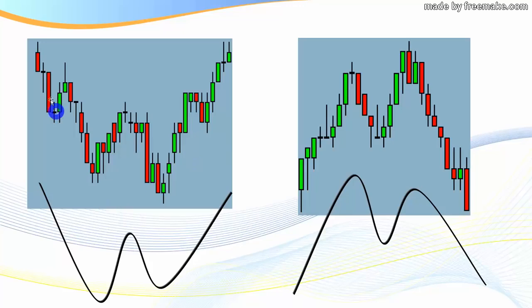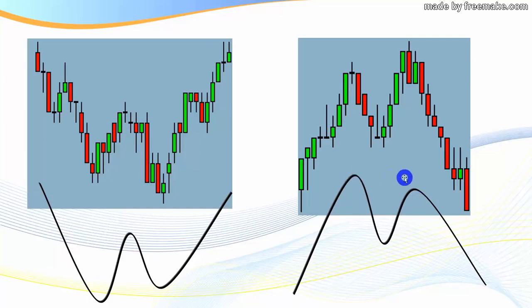Now this is typical, and this is the same pattern we were just looking at, except using an oscillator. So we've got a lower low on price with a higher low on our oscillator. Likewise here we've got a higher high on price, so this is our classic T19 setup, and we've got a lower high.